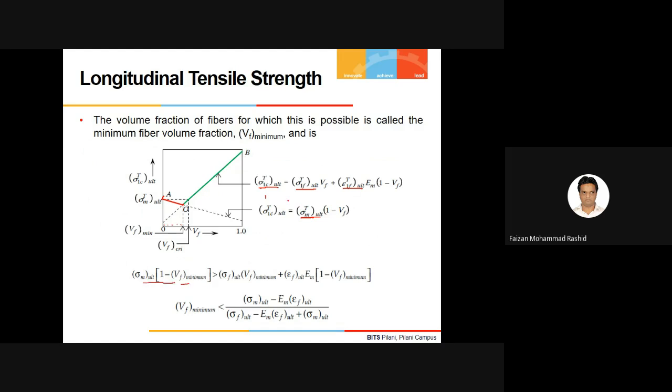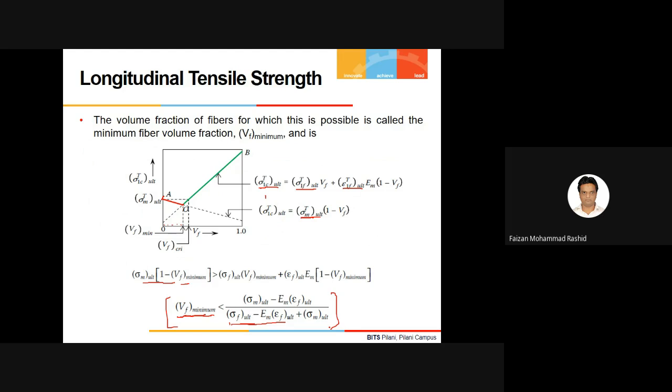This is the strength of my composite, and if I rearrange the things, this is the minimum value of my fiber volume fraction, which ensures that the strength of my composite material is greater than the matrix. We should remember this one.